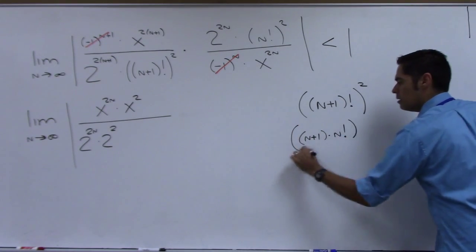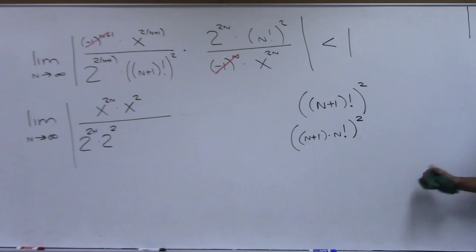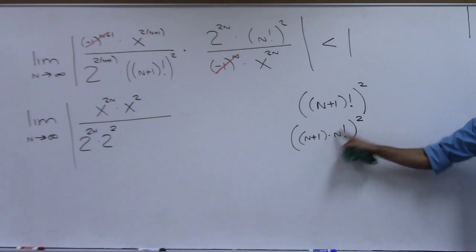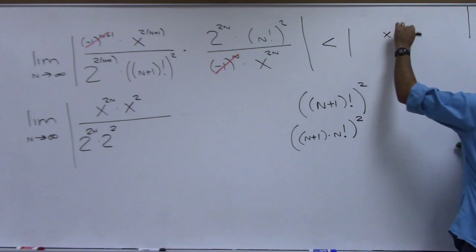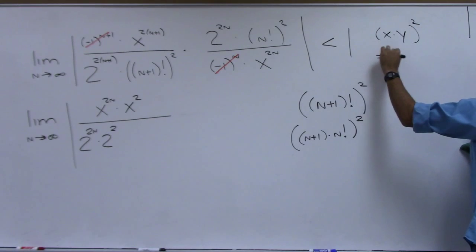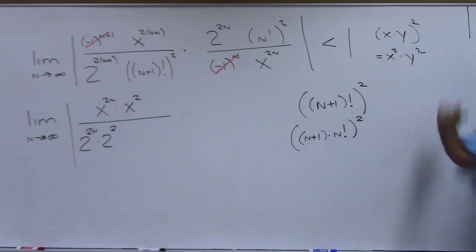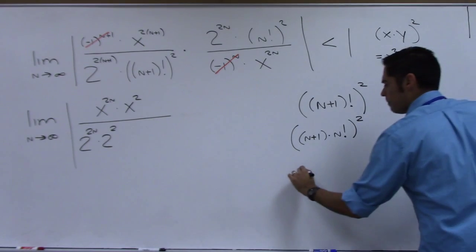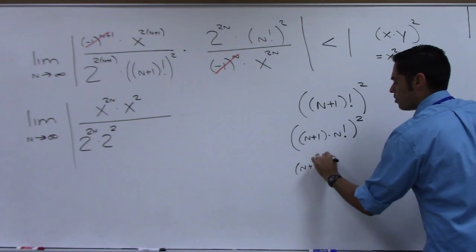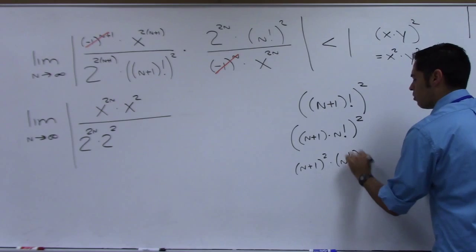But then squared. And when you have two things being multiplied and squared, can't you split it up into two different things being squared? Right? (xy) squared equals x squared times y squared. You can do that when there's multiplication. So I'm going to rewrite this as (n plus 1) squared times n factorial squared.